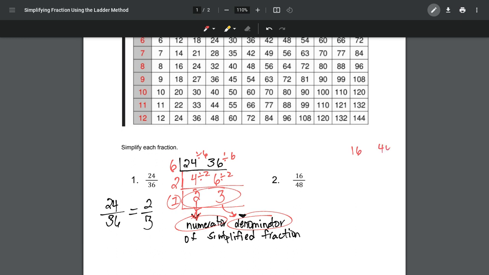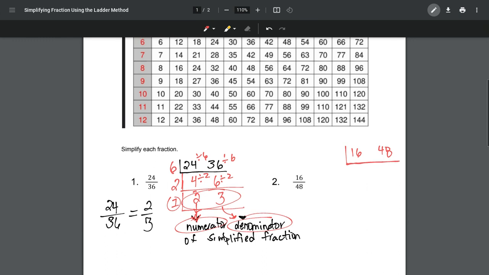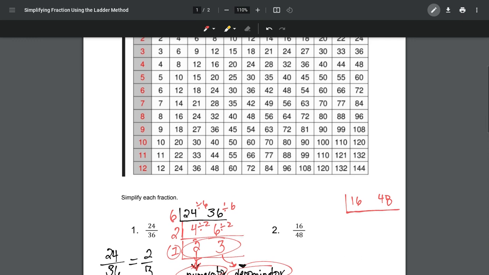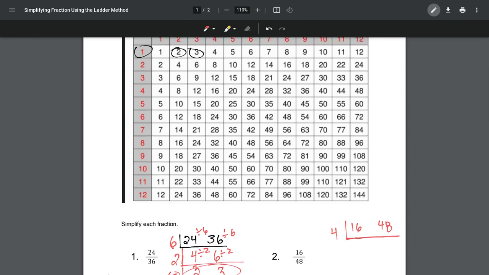Put 16 and 48 on a rung. You're going to be looking for a column or a row that has a 16 and a 48 if you're not good with your multiplication facts. But I already know that 4 will go into both of those. If you don't know that, go to your 4s, and you'll see there's your 16 in this row, and there's a 48.